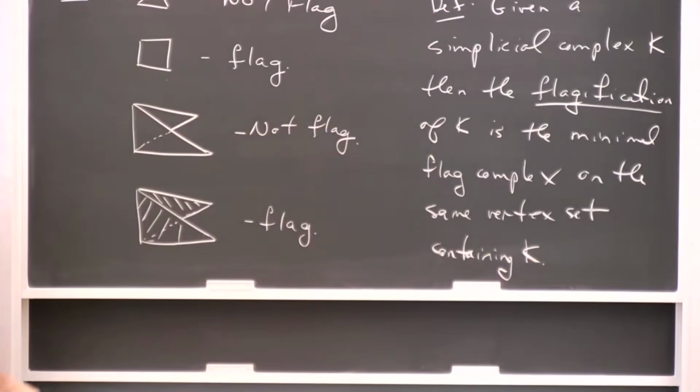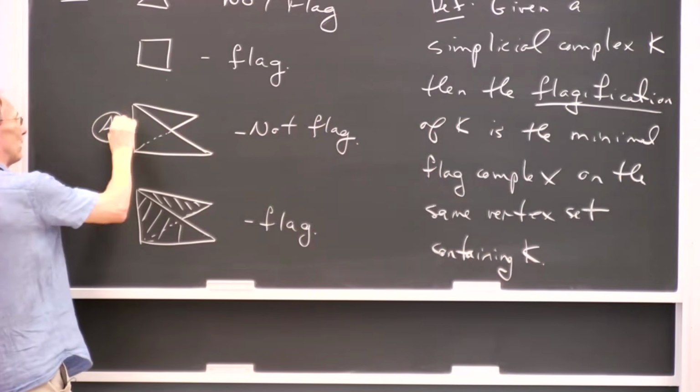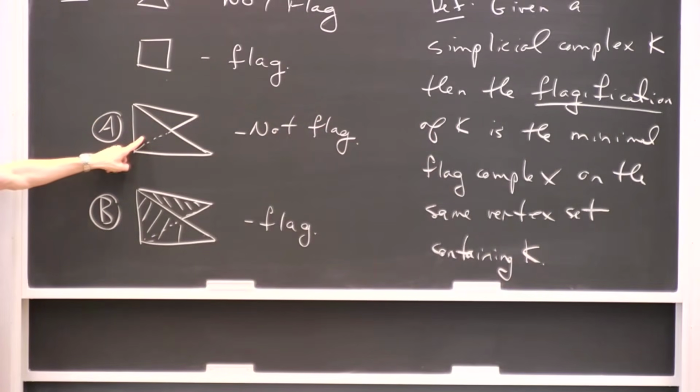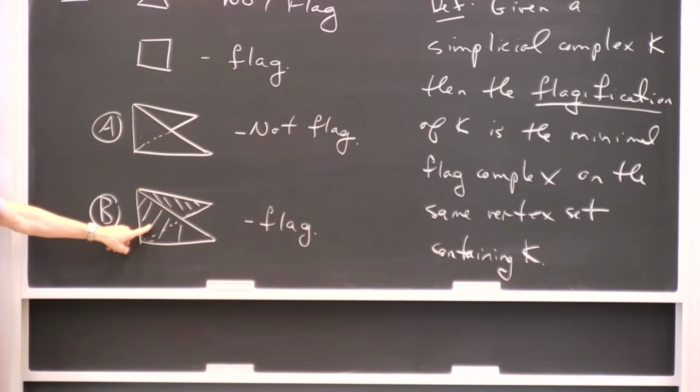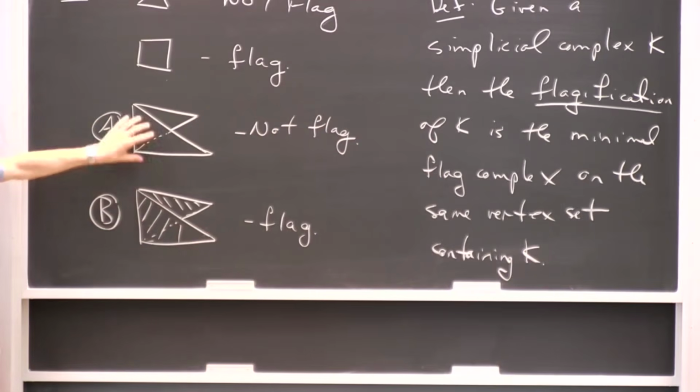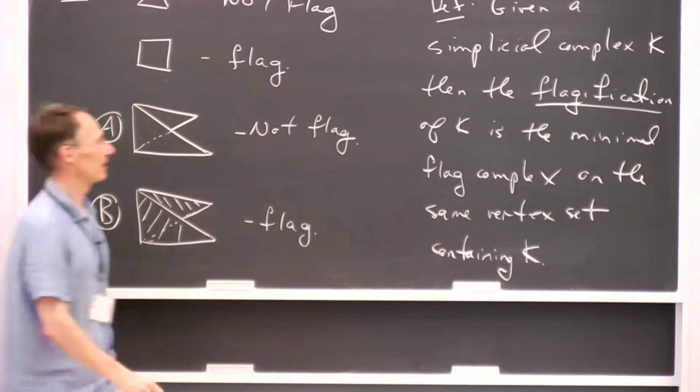Right, so in this case, if I label this A and I label this B, you started out with a simplicial complex that was not flag. You added some missing two faces to get something that was flag, right? So this would be the flagification of this guy.